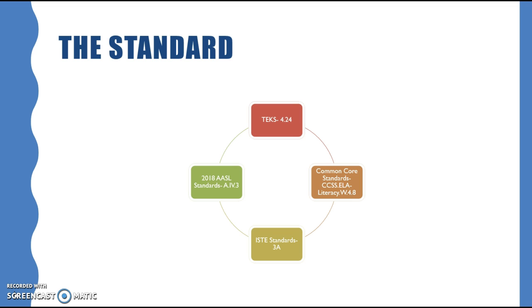The third standard that you will use is the Common Core standard that this lesson relates to. And under the Common Core standard, it states, recall relevant information from experiences or gather relevant information from print and digital sources. Take notes and categorize information and provide a list of sources.